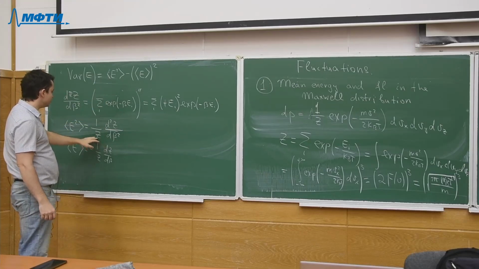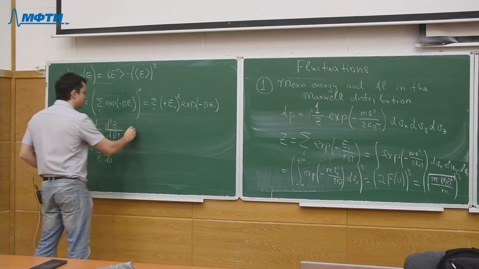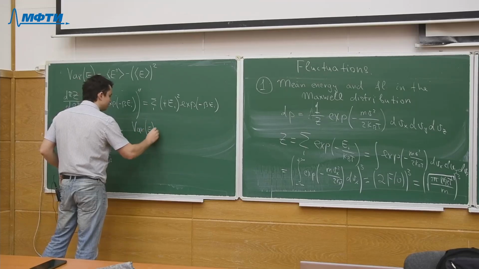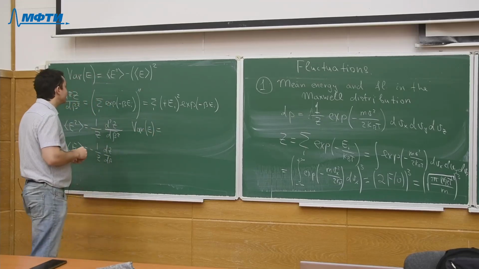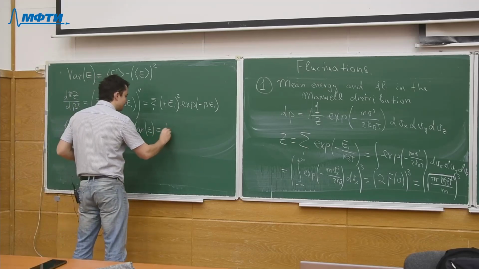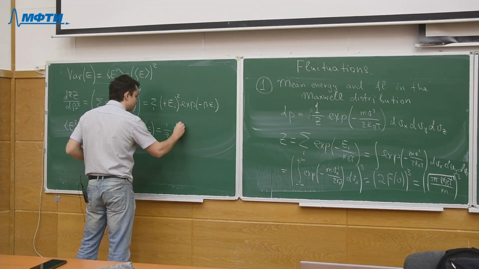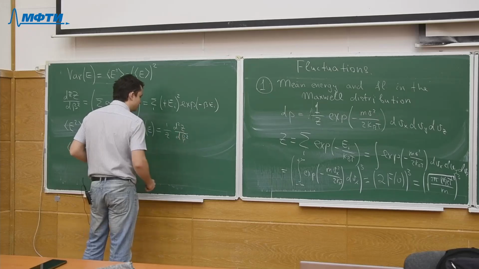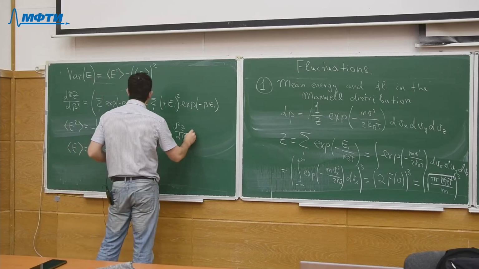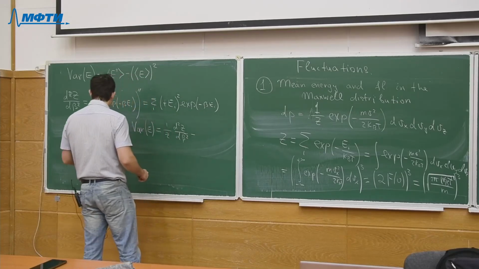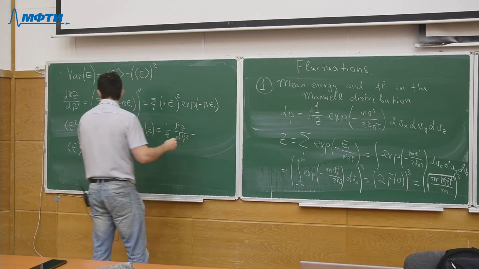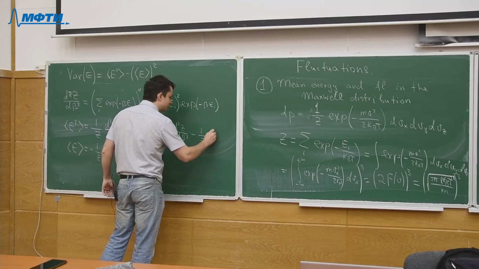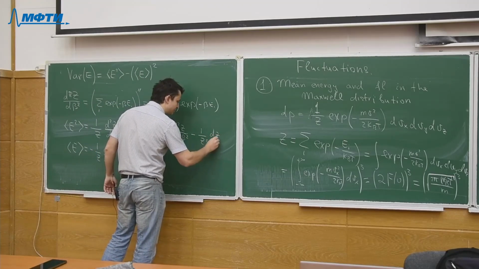So if I use this, then I'm going to have the following: that the variance of energy should be 1 over z times the second order derivative of z over beta minus, and here goes this term squared, which gives us 1 over z squared times dz over d beta.